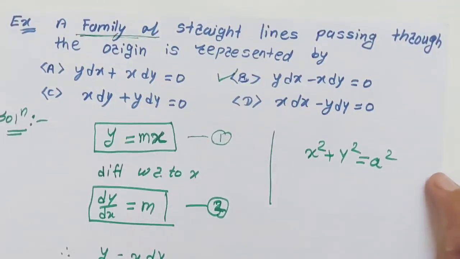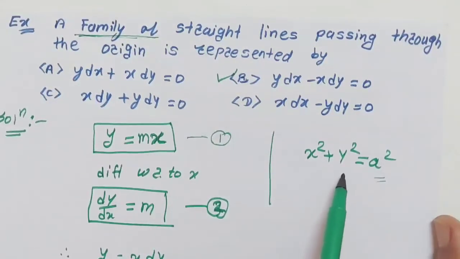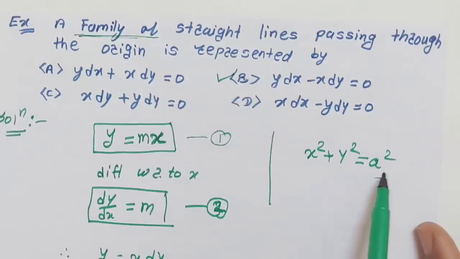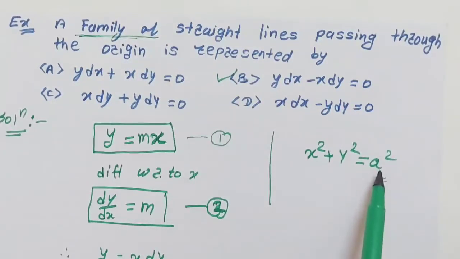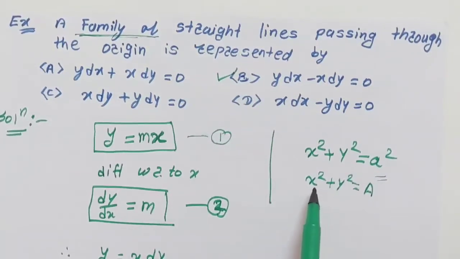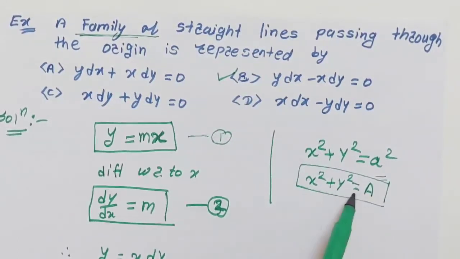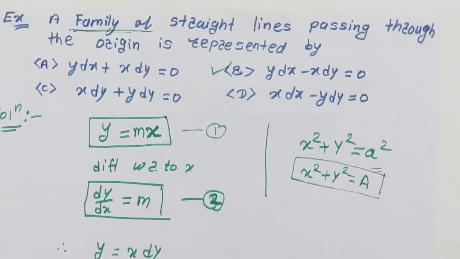From this family of curves, we just have to eliminate this arbitrary constant by differentiating this equation. Again, it contains only one arbitrary constant, that means we have to differentiate this circle one time. And here a square is nothing but a constant, so instead of a square we can take any constant, so we can also write it in the form x square plus y square equals to a. You try yourself and find the differential equation.